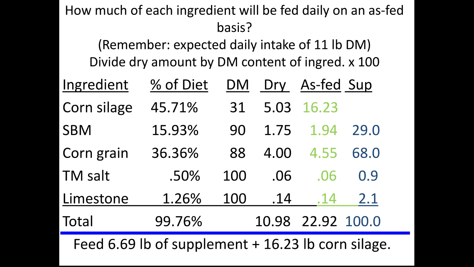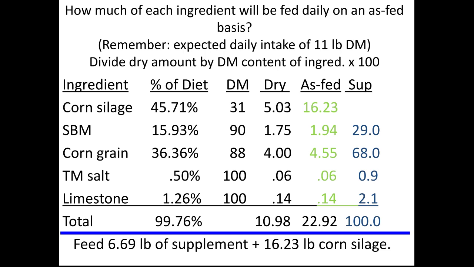Okay, is that clear? We know that the animal is going to consume 11 pounds of dry matter per day, and we know how much each of those ingredients should be as a percentage of diet on a dry basis. For example, the corn silage is 45.71% of the diet. If the animal's consuming 11 pounds of dry matter per day, then on a dry basis, 5.03 pounds of that should be corn silage.